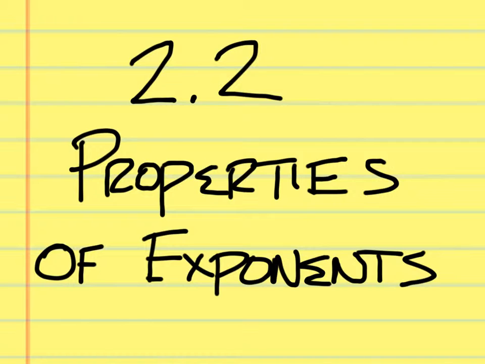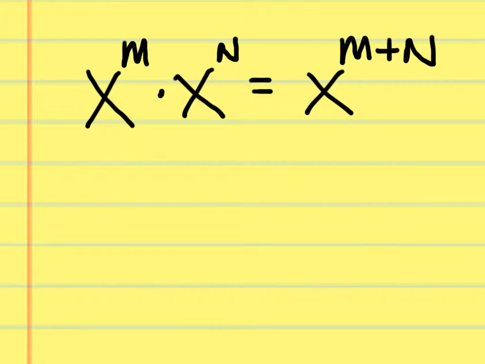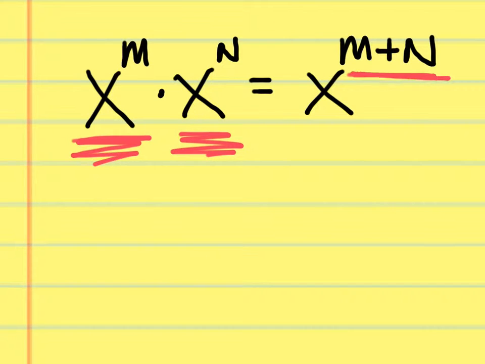Properties of exponents. This is a review of Algebra 1, but it's going to be extended a little bit for Algebra 2. Properties of exponents. X to the m times x to the n. Notice that these are the same item. If you have two variables that are the same, two bases that are the same, you add the exponents to come up with the answer.